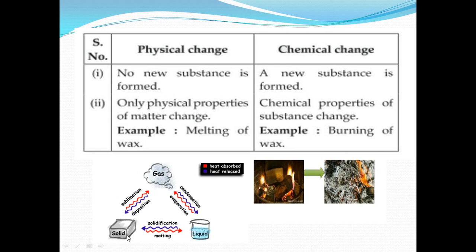Nothing changed in the structure of the water. But what about the changes here? This is solid, this is liquid, this is gas. So what changed here? Only its physical state.